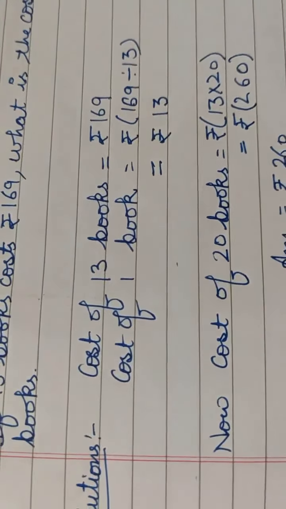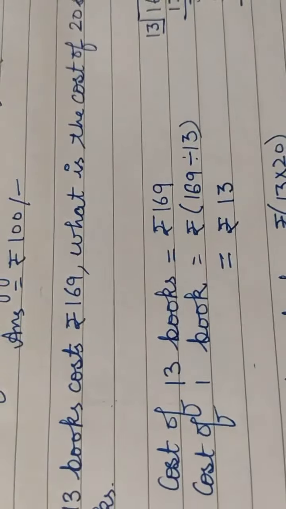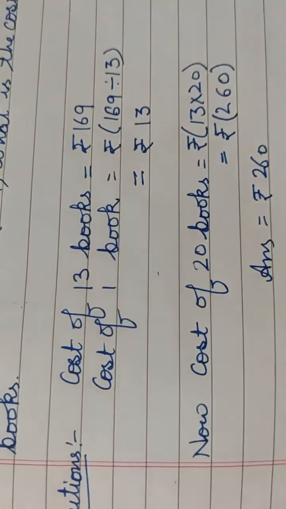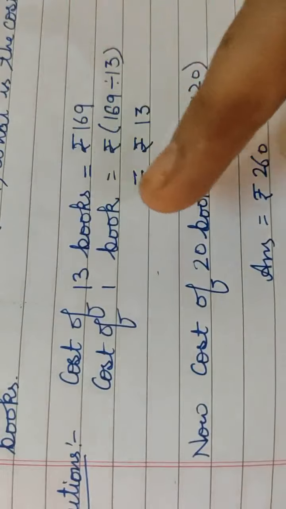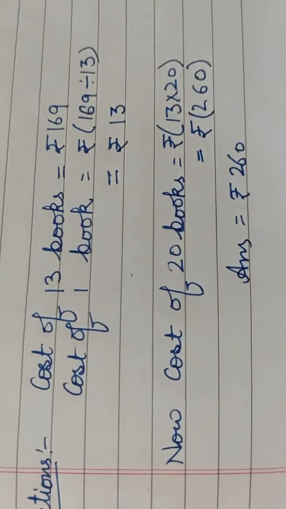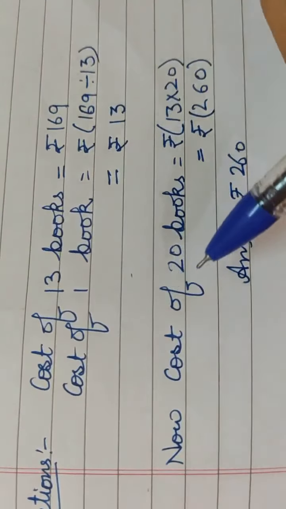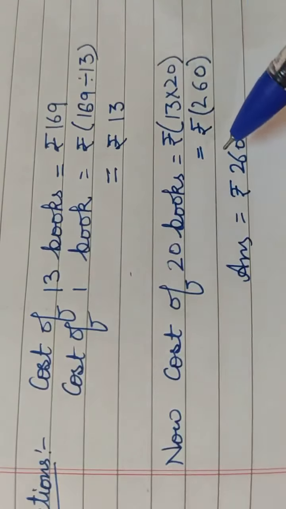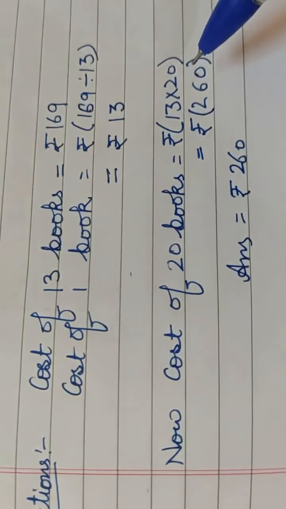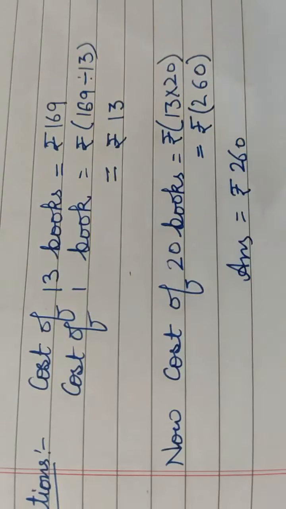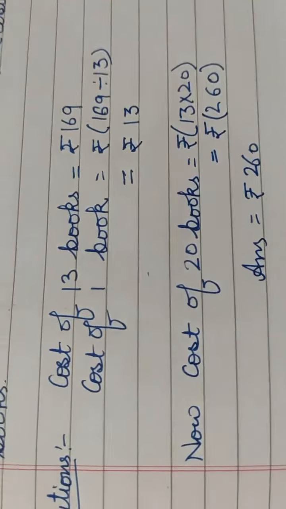And now you have to find the cost of 20 such books. So how will you do it? You will multiply the cost of one book by 20. So the cost of 20 books is equal to rupees 13 multiplied by 20. You will get the answer as rupees 260. So the cost of 20 books is equal to rupees 260.